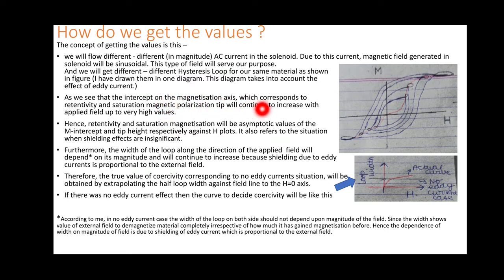The intercept on the magnetization axis and the tip of the curve will increase with the applied field because we have increased the current and hence the magnetic field. This has not reached a higher value. Hence, retentivity and saturation magnetization will be the asymptotic values of the M intercept and tip height respectively against the H plots.